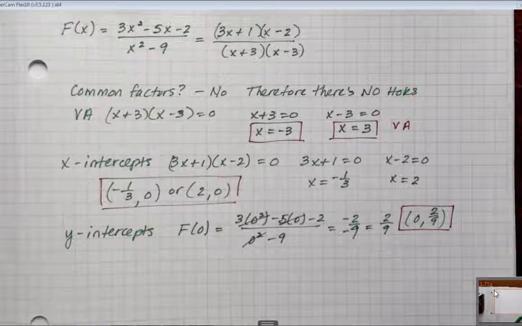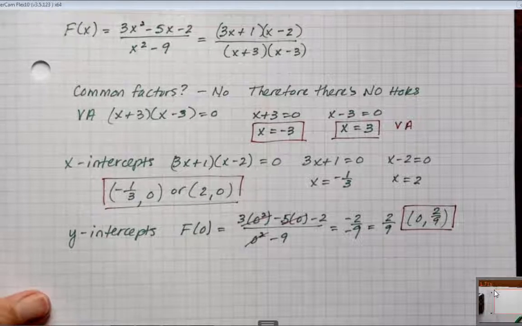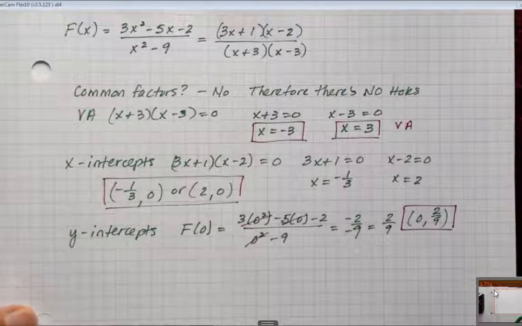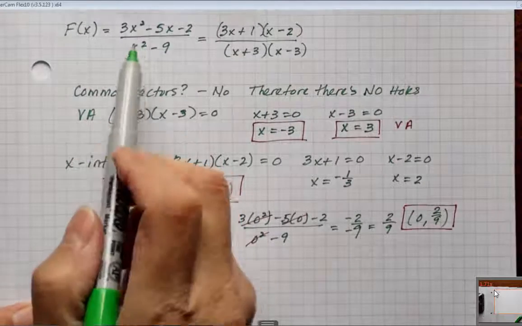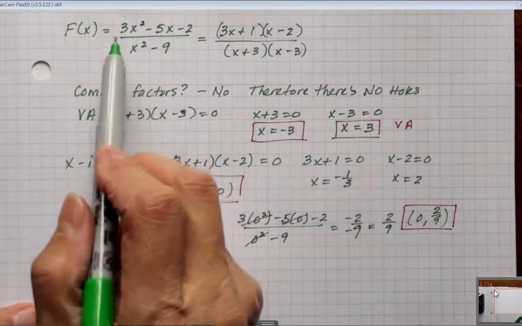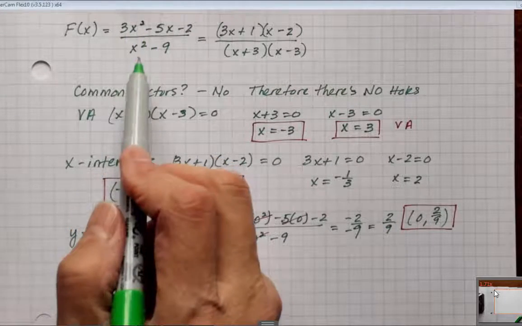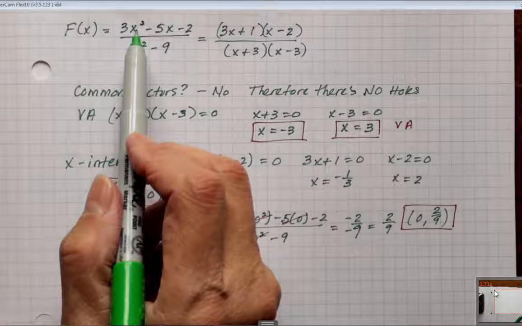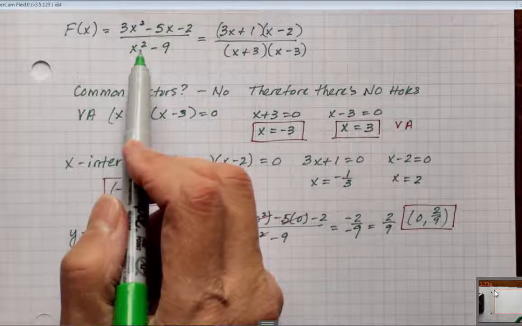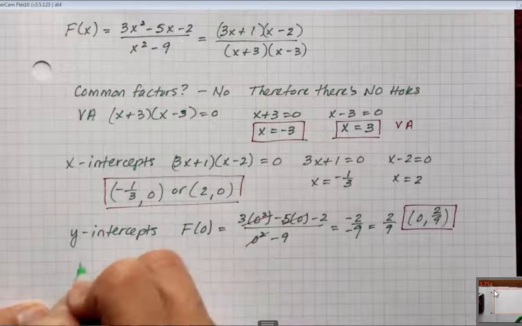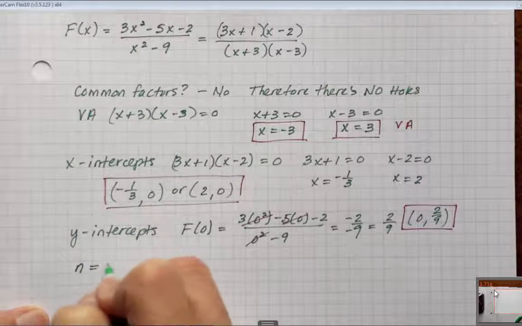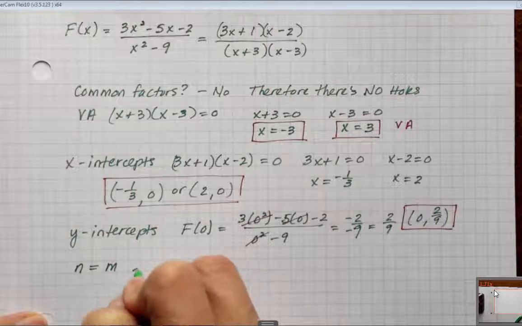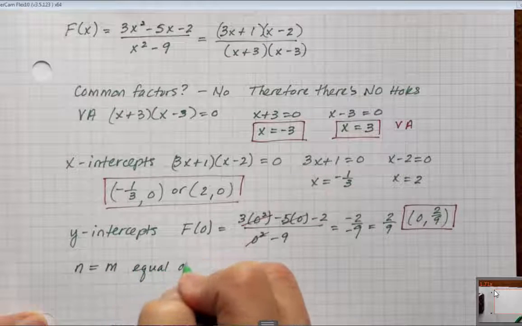Next, we're going to look for our horizontal asymptote or our slant asymptote. So I'm going to go back to the original function and look at the degree of the numerator and the degree of the denominator. We have a second degree in the numerator and a second degree in the denominator. So the degrees are equal, that's n is equal to m.